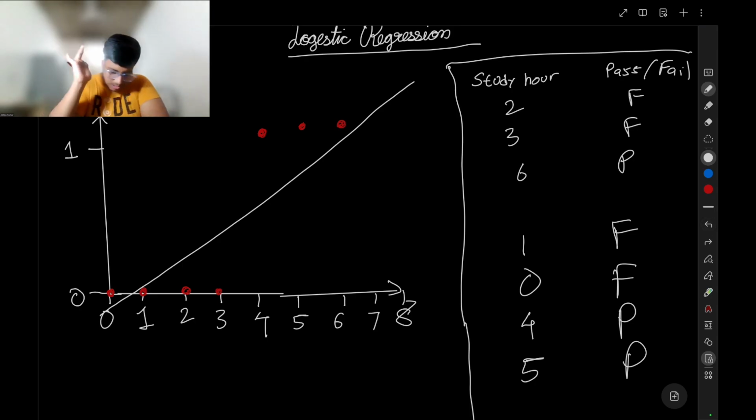Many of you can think here that we can make a halfway point on the y-axis, which we can plot as 0.5.